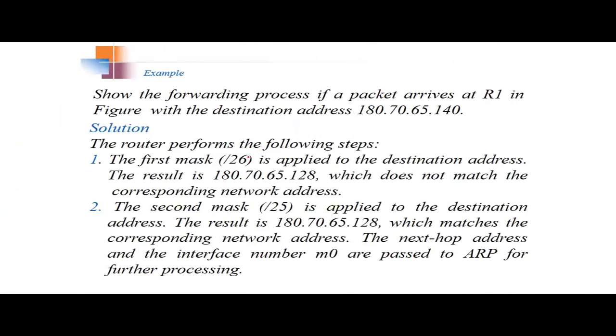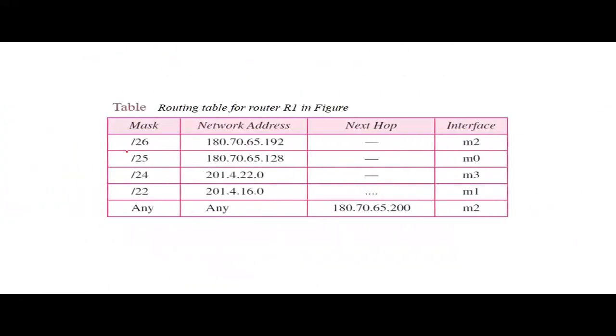Now show the forwarding process if the packet arrives at R1 in the figure that we have just seen with the destination address 180.70.65.140. First and foremost, you will apply the first mask. What is the first mask in your table? The first mask is /26.